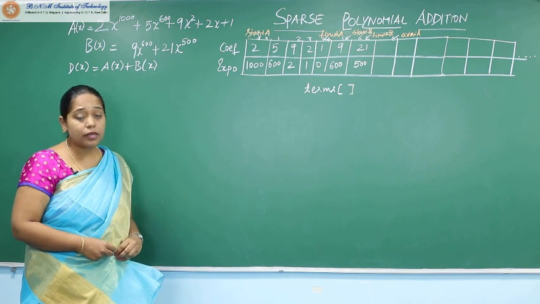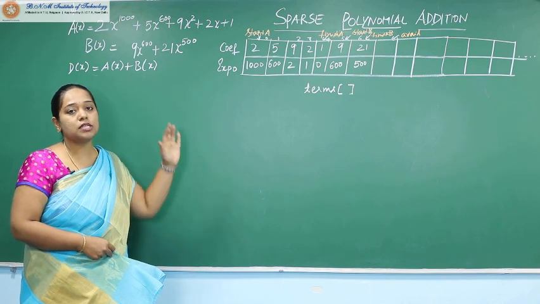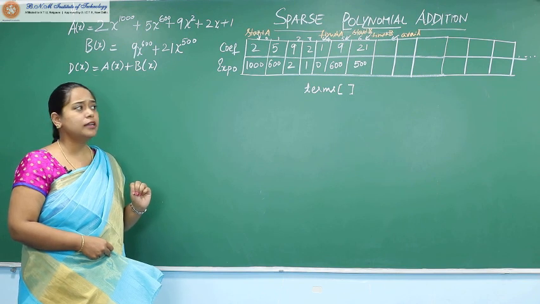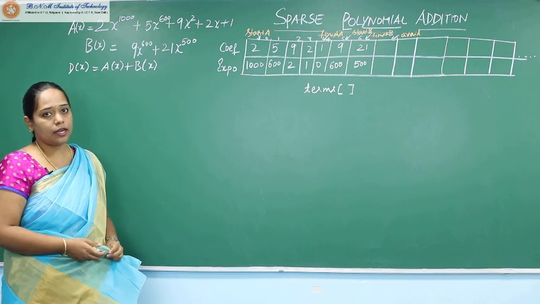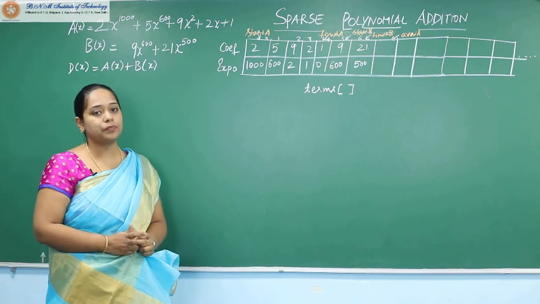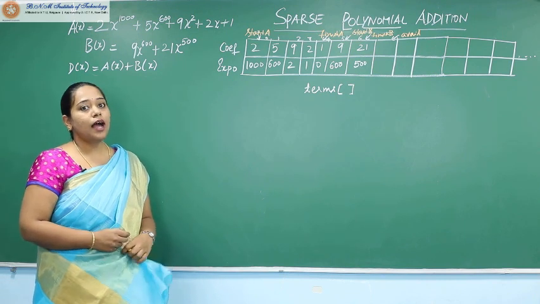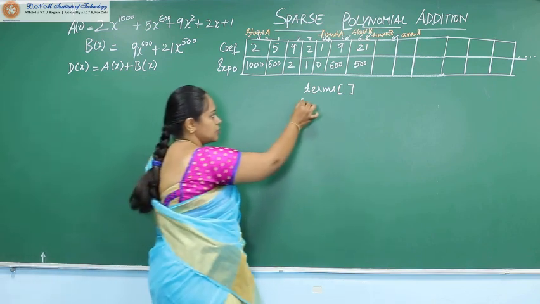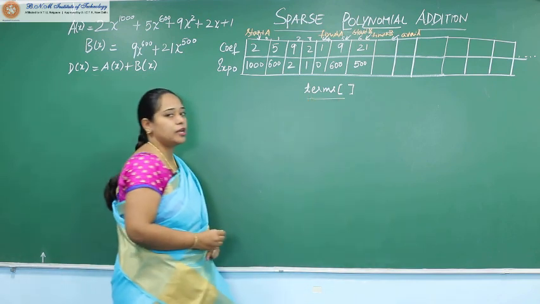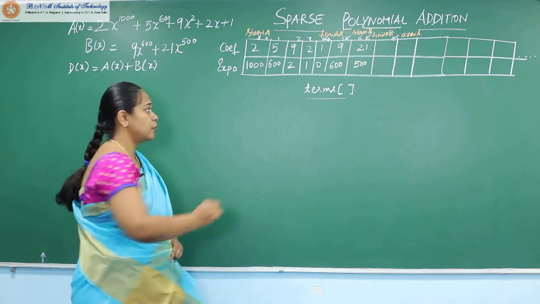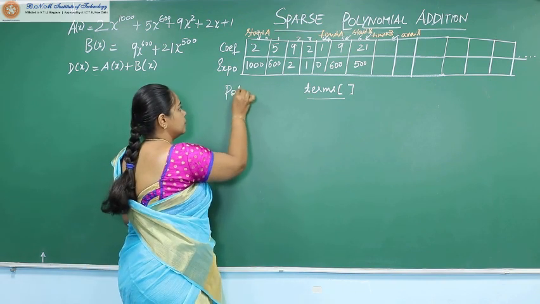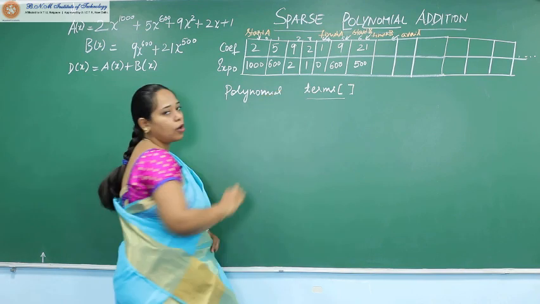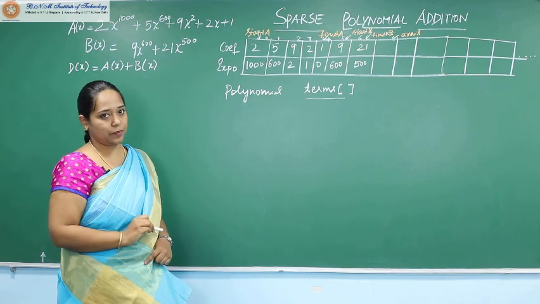What we are now intending to do is compute the sum of these two sparse polynomials. In the previous video, you saw that we have defined a structure called polynomial and we have declared a one-dimensional array called terms. So terms is a one-dimensional array and the data type of terms is polynomial. And you know that polynomial is a user-defined structure.